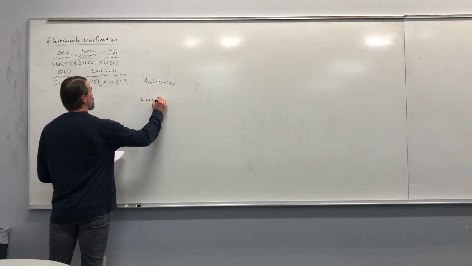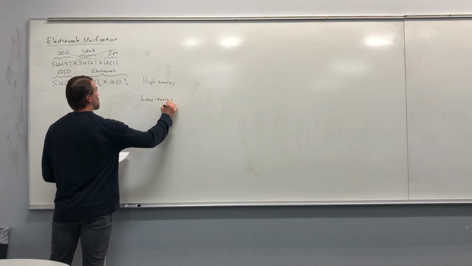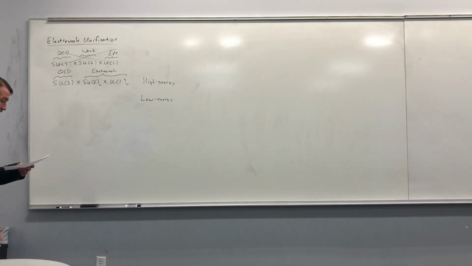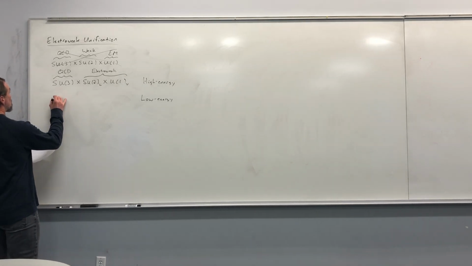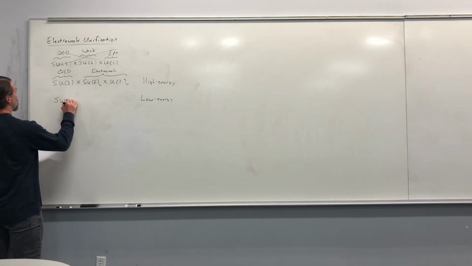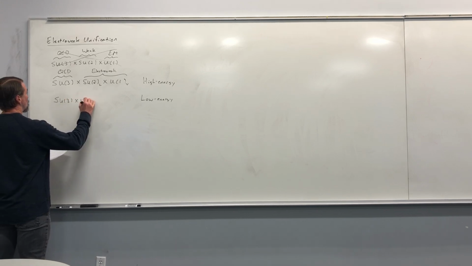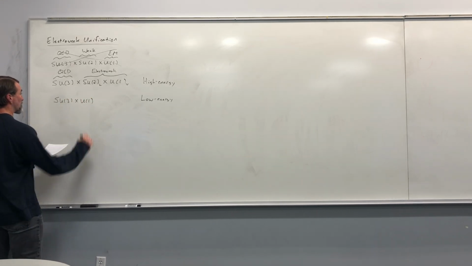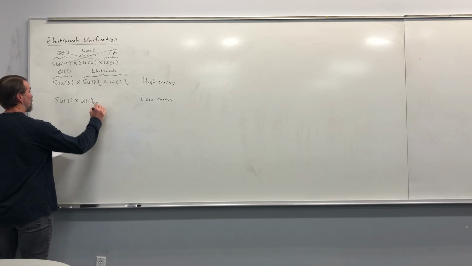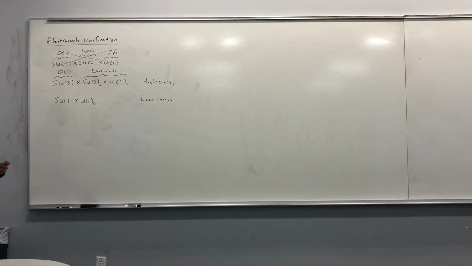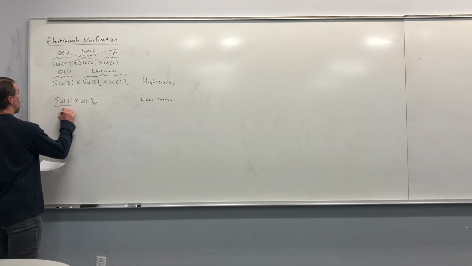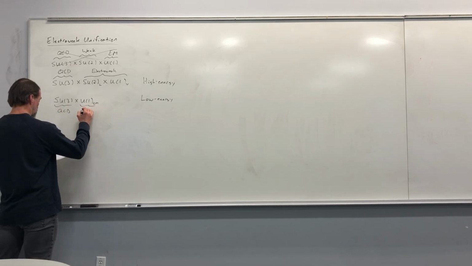When we go to low energies, like room temperature, this gets broken into SU3 cross U1, where this is the electromagnetic U1. So again, we have QCD and then QED.